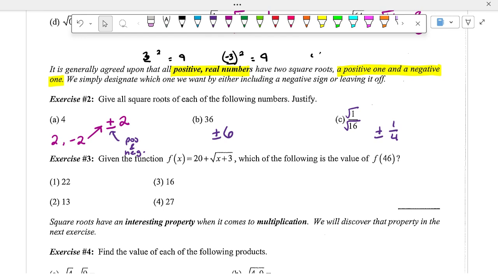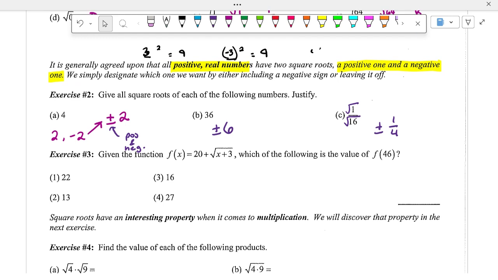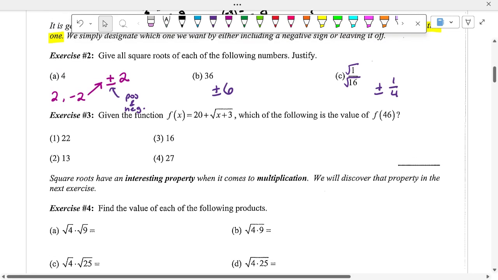All right. So that's where this plus minus is going to come into play a lot, because more often than not, when we solve a quadratic, we're going to have to undo a square at some point. Square roots undo a square. So when we get that answer, we put a plus minus in front of it because those will be the two different answers. And again, we're not there yet. We'll get to it.